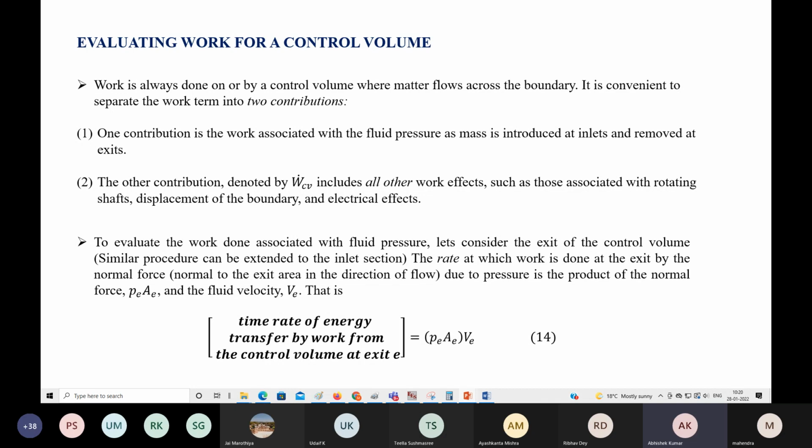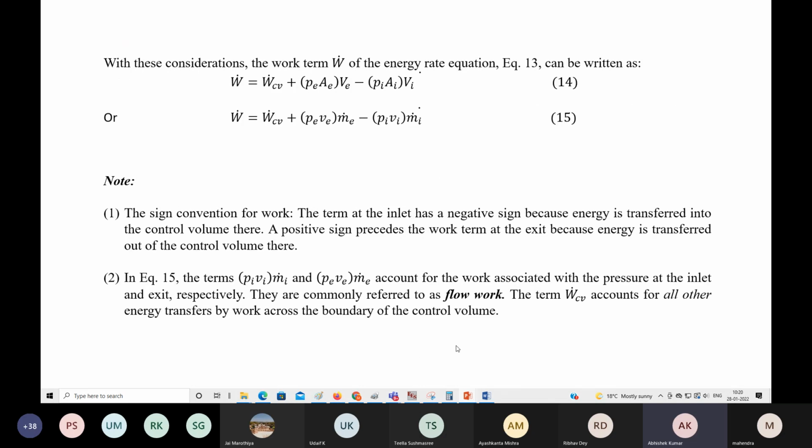It has a certain pressure and it is impinging upon a certain area; that is the force, and multiplying by the velocity gives you work. These works are also involved over here.